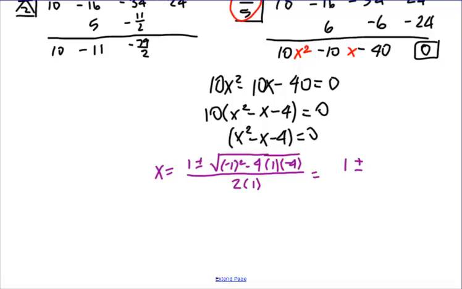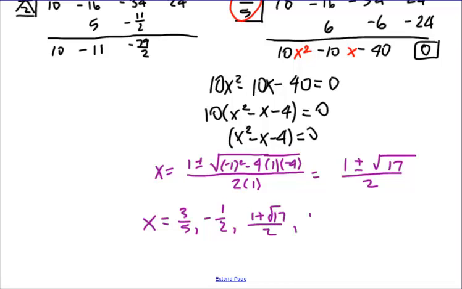And this gives us 1 plus or minus the square root of 1 plus 16, 17, over 2. There's my other two zeros right there. So the zeros for my problem are 3/5, negative 1/2, 1 plus the square root of 17 over 2, and 1 minus the square root of 17 over 2. There's all of my zeros. And so this is what x equals.